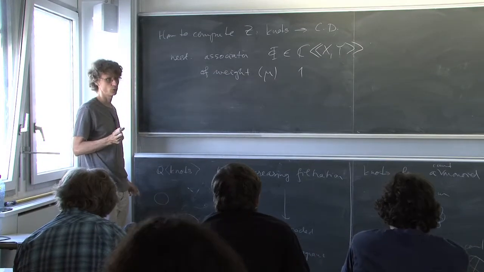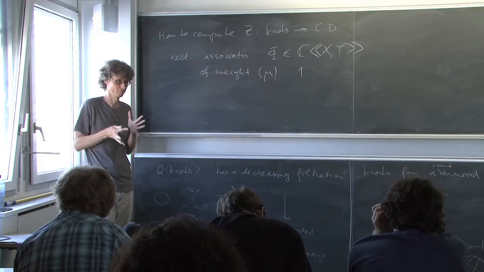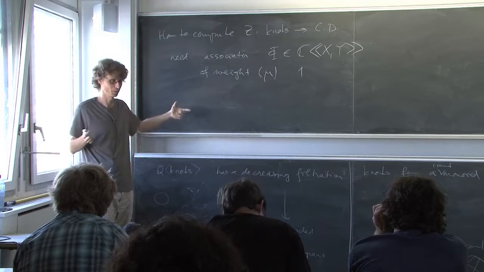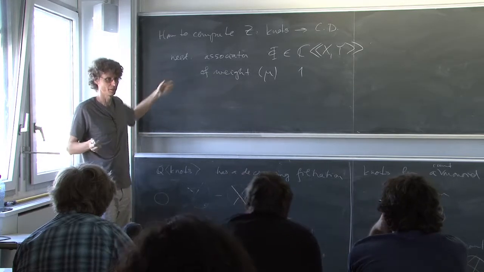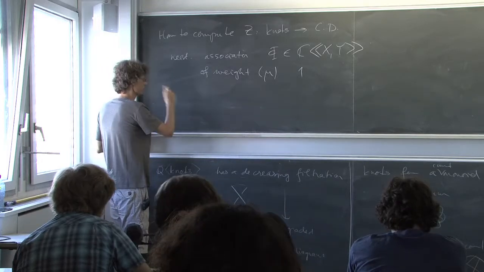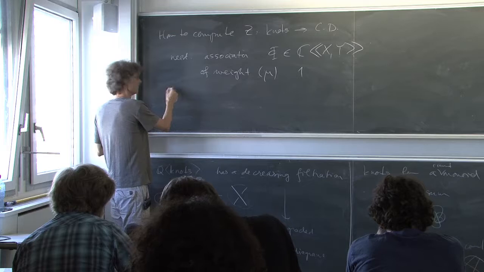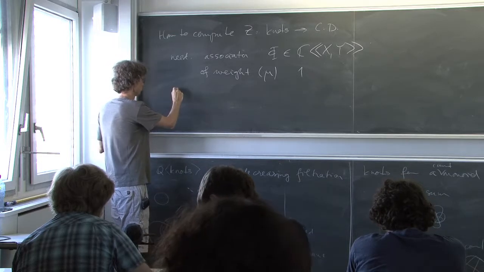And now, when you see a knot, when I draw a knot, you just interpret it as a diagram, as a morphism, so to say, and you just read it off and draw everything you need. So what would you do?